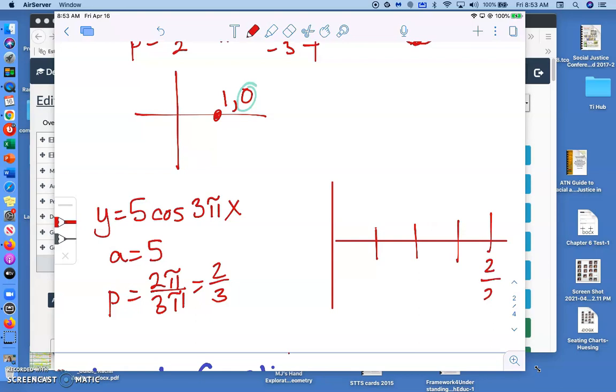Our period here is going to be 2/3. Our amplitude, I'm going to put 5 and -5 because our midline is 0, but it is a cosine. And so just like our cosine is our x value, it's at 1, cosine starts at our amplitude. So it's going to start high, mid, low, mid, high. And we have 1 period of it.